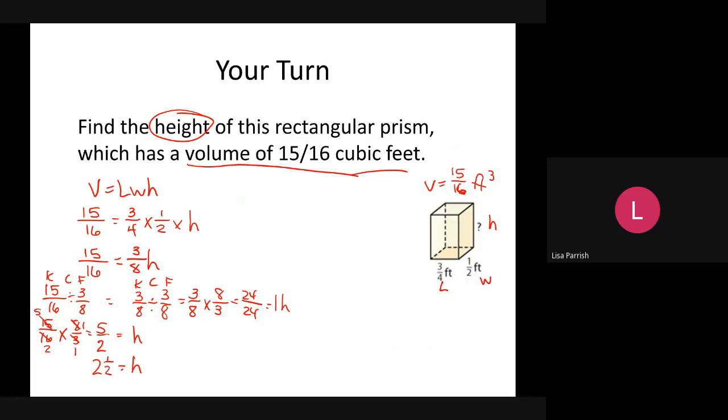You can do it that way. You can also turn them into decimals by dividing. So you would say 15 divided by 16 is 0.9375.